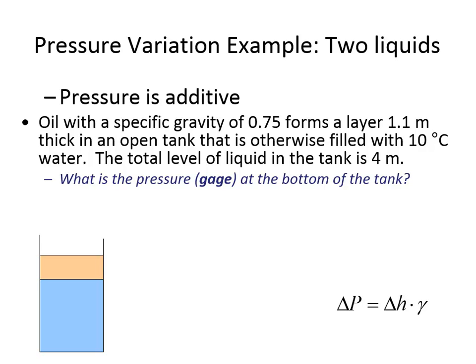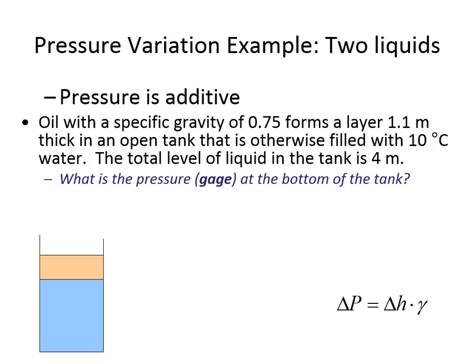All right, so specific gravity is the density of some liquid relative to the density of water. And anytime the specific gravity is less than 1, that means the liquid is less dense than water and it'll float on top. That's why we see that the blue layer is meant to represent water and the brownish, yellowish layer is meant to represent the oil.